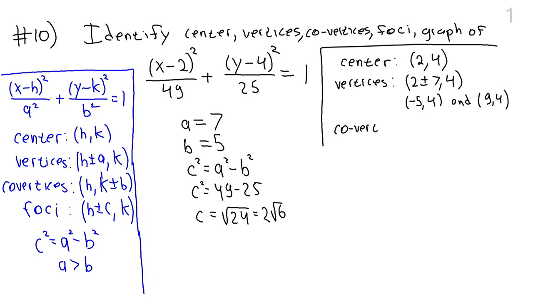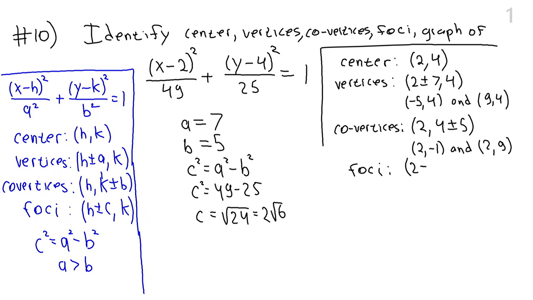The co-vertices are going to be 2, 4 plus or minus 5. So that means they are 2, negative 1 and 2, 9. And finally, the foci are going to be 2 plus or minus 2 times radical 6, 4.